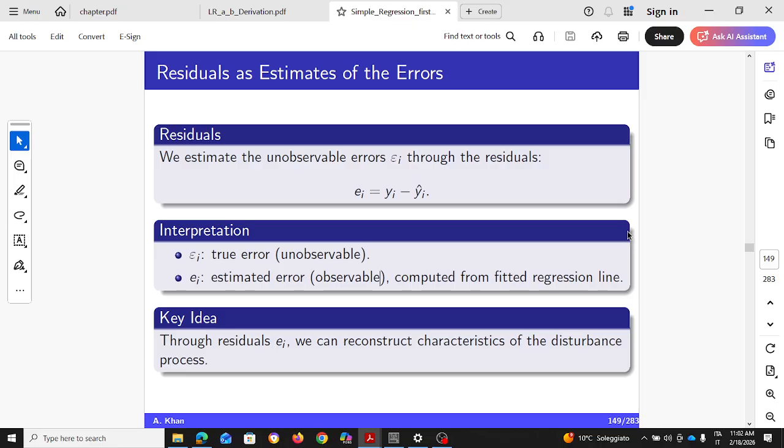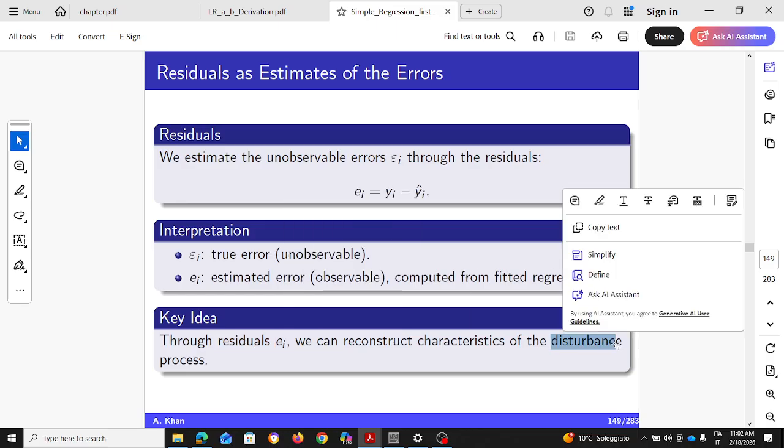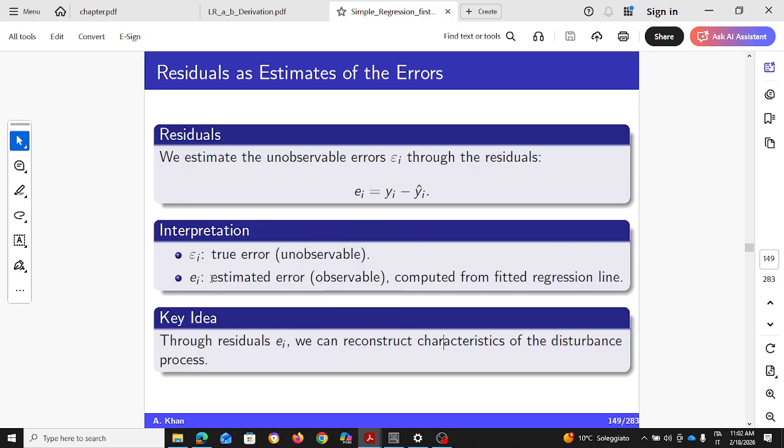So the key idea is to take this residual and reconstruct this disturbance term. We will take this error to find this one.